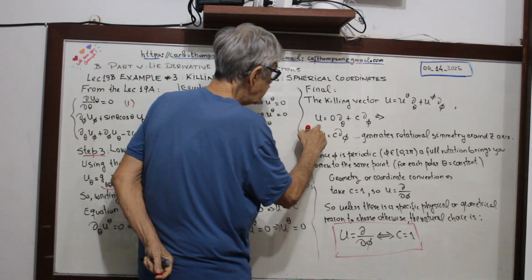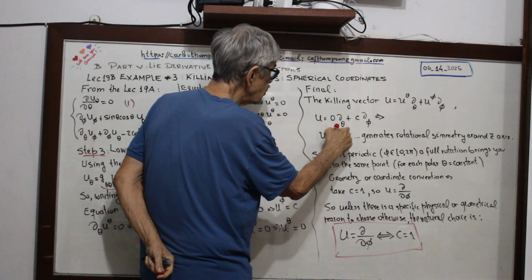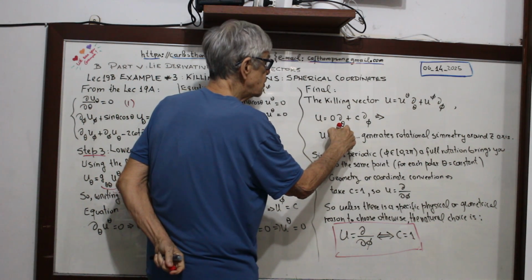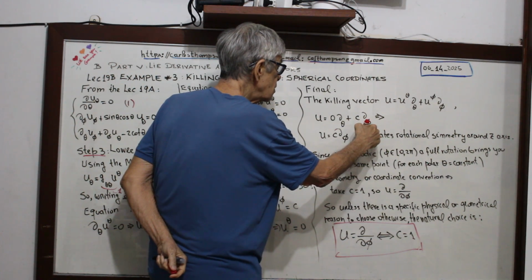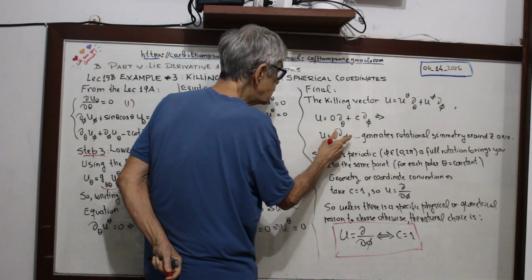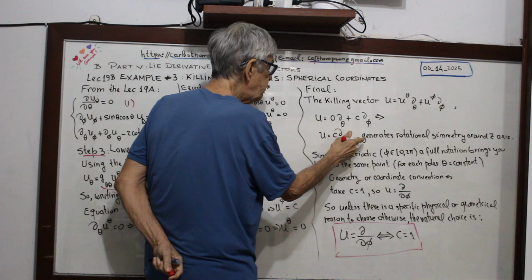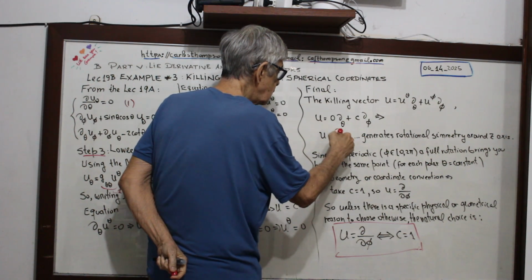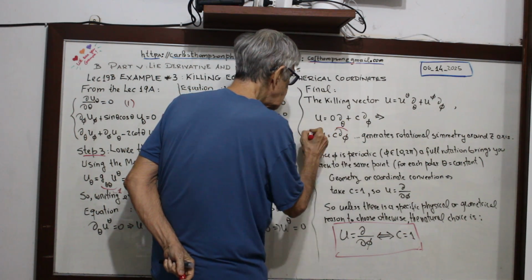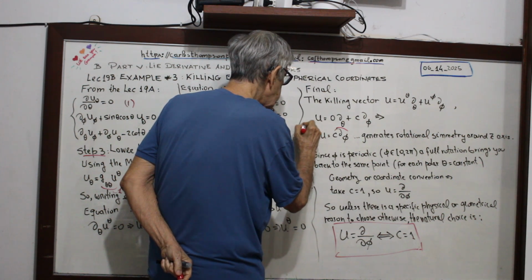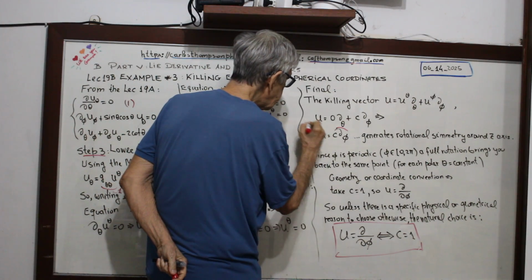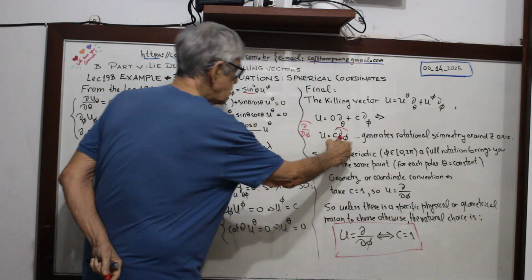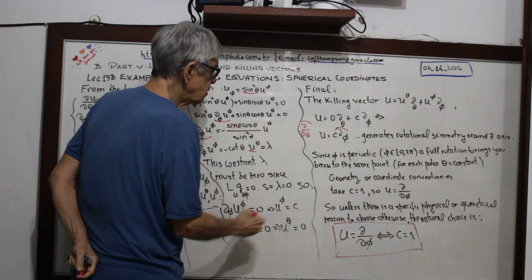The Killing vector u is 0 times this base vector plus c times this base vector. So u is c partial of phi. This here is just partial of phi.